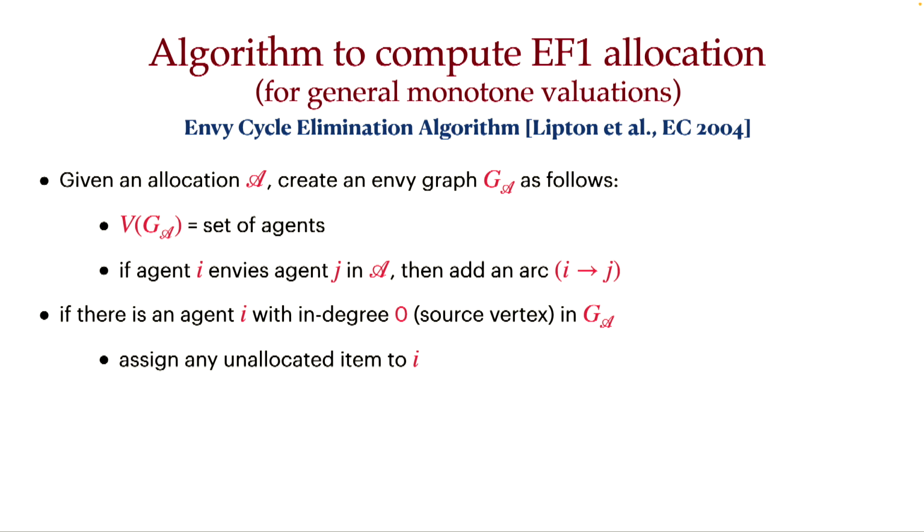So A is not a complete allocation, it could be partial, and that is why I said to begin with it could be empty. There is nothing about giving any priority, no pick your minimum or maximum, nothing. There is a source agent, pick any source agent, and give any unallocated item to this person. But one at a time.